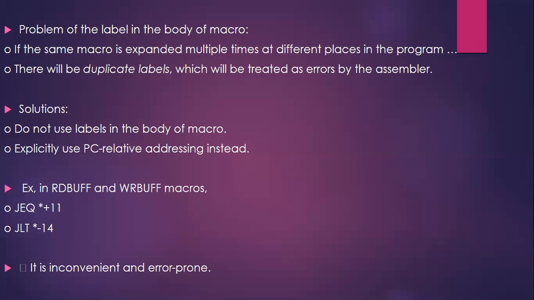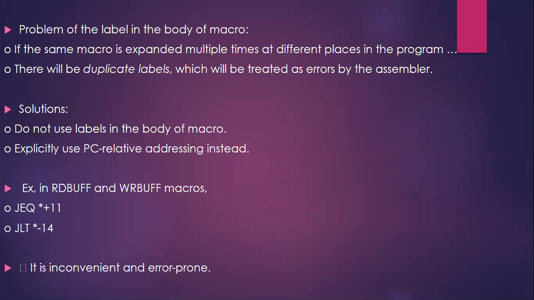The problem of a label in the body of a macro: the body of the macro should be free from labels, such as a loop label. If the same macro is expanded multiple times at different places in the program, there will be a duplicate label, which will be treated as an error by the assembler.